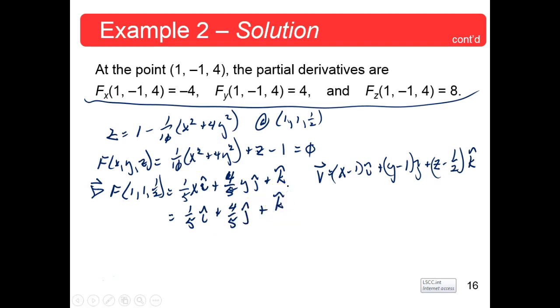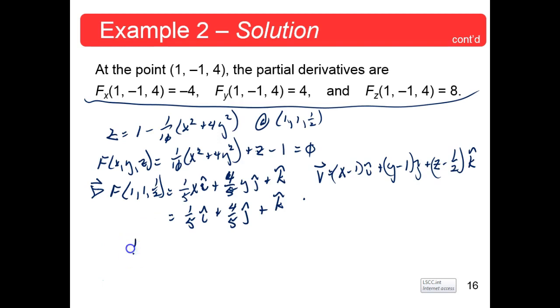Because remember, there was no z there, so there's nothing to fill in. When you take the partial, it's just k. That's it. So we're going to dot these two vectors together and set it equal to 0.